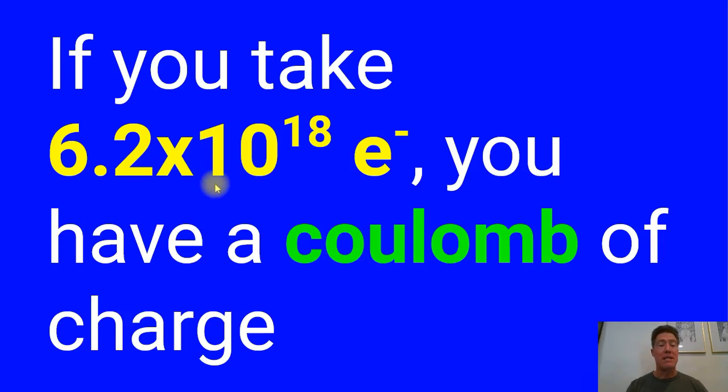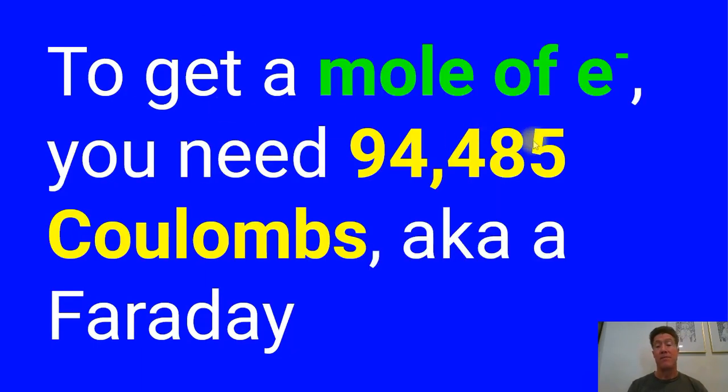Now, why they didn't take a mole is a little bit beyond me, because it would have made things a lot easier. This number is a big number, but it's not quite as big as a mole. It turns out you need about 100,000 of these coulombs to make a mole of electrons. In fact, you need 94,485 coulombs to make a mole, and that number is known as Faraday's number.